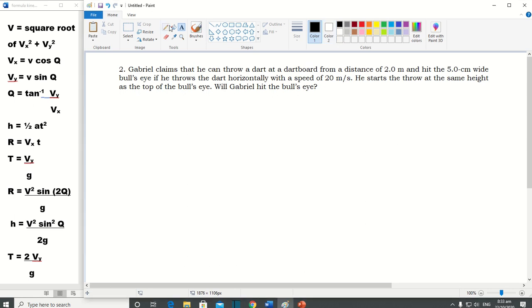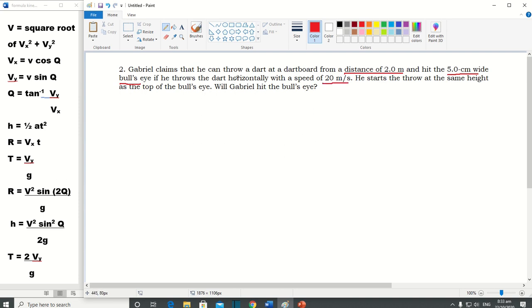So ngayon, let's identify first ano yung mga given. So sabi dito, claim ni Gabriel that from a distance of 2 meters away from the dartboard, kaya niyang patamaan yung 5 cm wide na bullseye, pag binato niya yung dart with a horizontal speed of 20 meters per second.